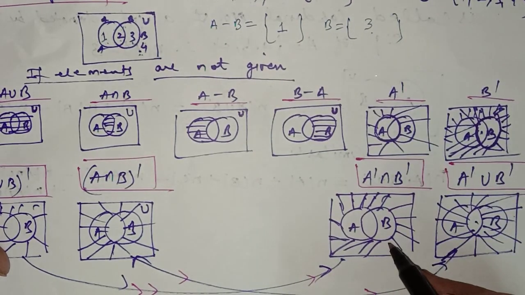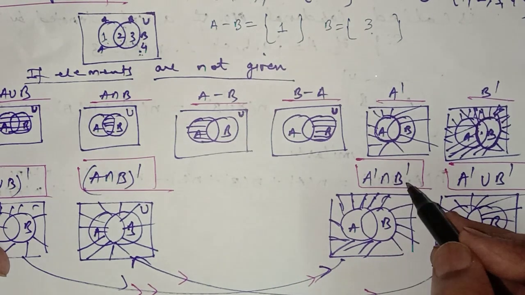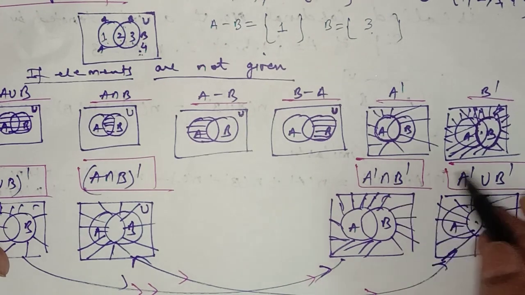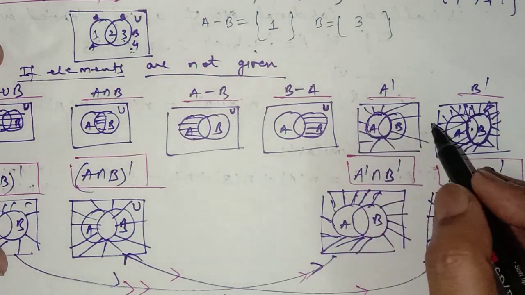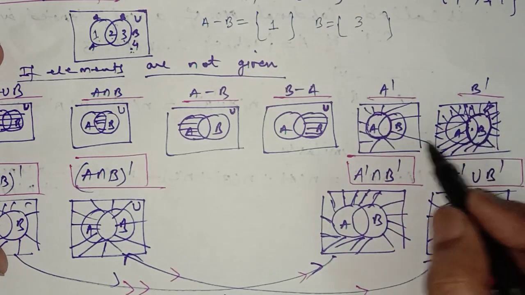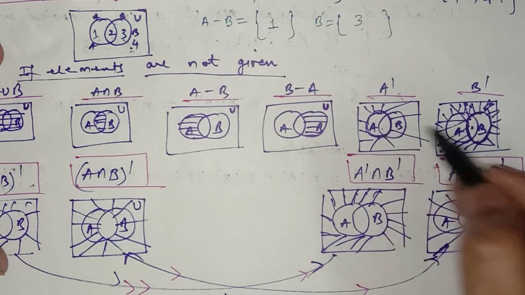See it very carefully. A complement intersection B complement. I'm trying to prove De Morgan's law by the Venn diagram also. Now what is A complement union B complement? Union means either in A or in B. So if we see it carefully, we are getting the total area except this common portion.